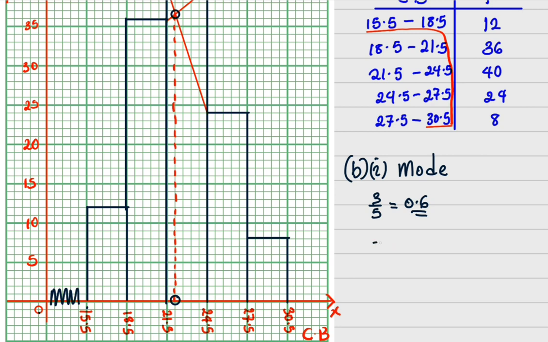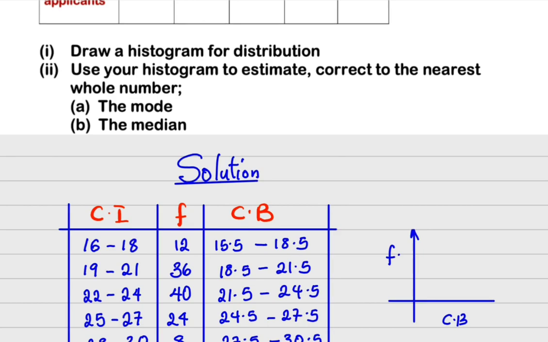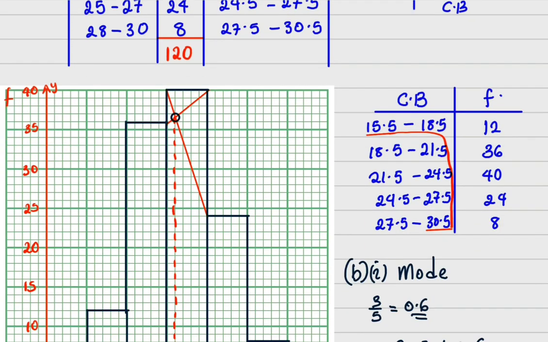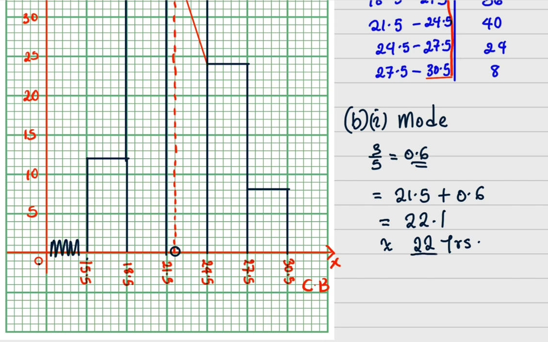So for me to get the mode now, I have 21, then the first line, so it's 21.5, 21.5 plus 0.6, which will now give me 22.1. But from the question, we are told that we should give our answer correct to the nearest whole number. So what I'm going to do here now is to approximate, and this gives me 22 years. So that is my mode. So that is how to find mode.